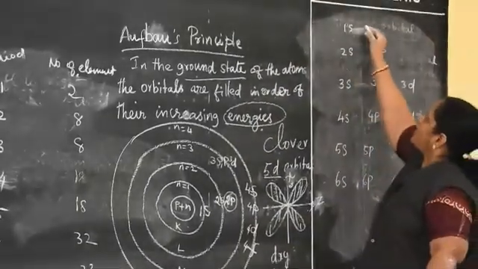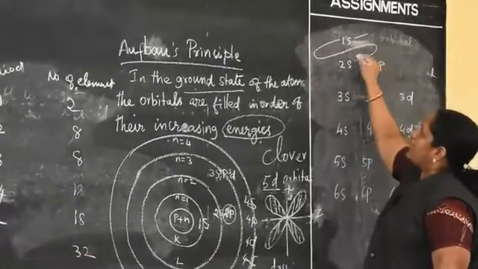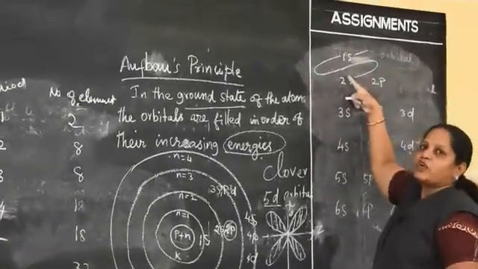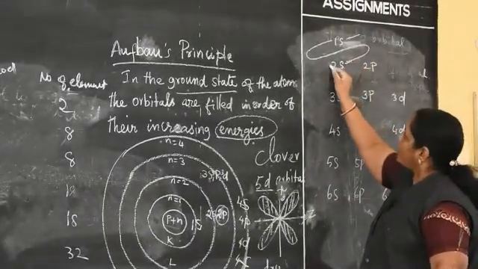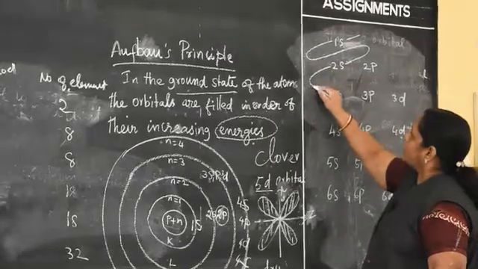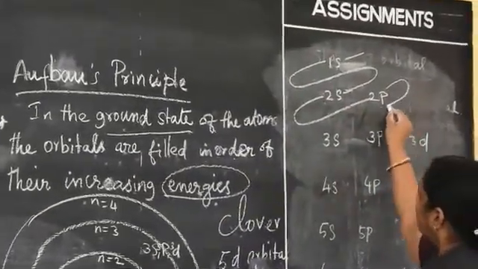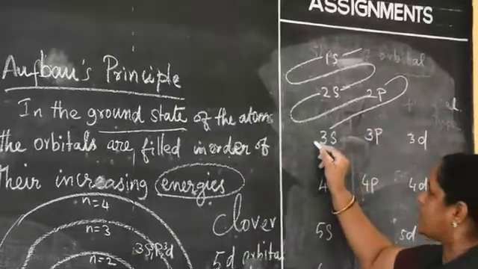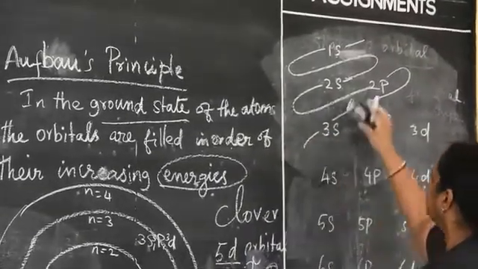So first we fill electrons from lower energy to higher energy, LKG, then UKG, 2s. After filling 2s, we go for 2p. After filling 2p, we go for 3s.